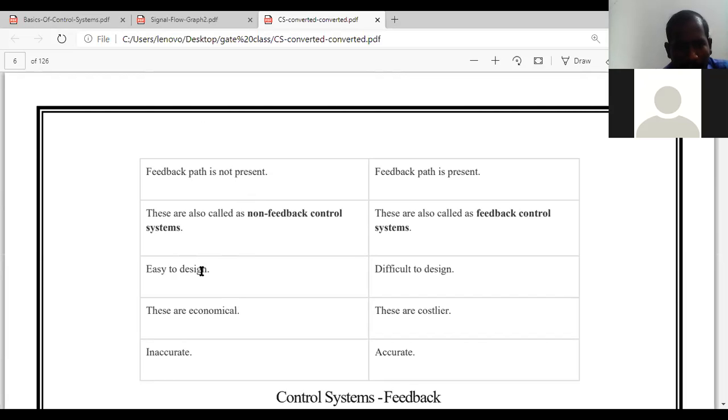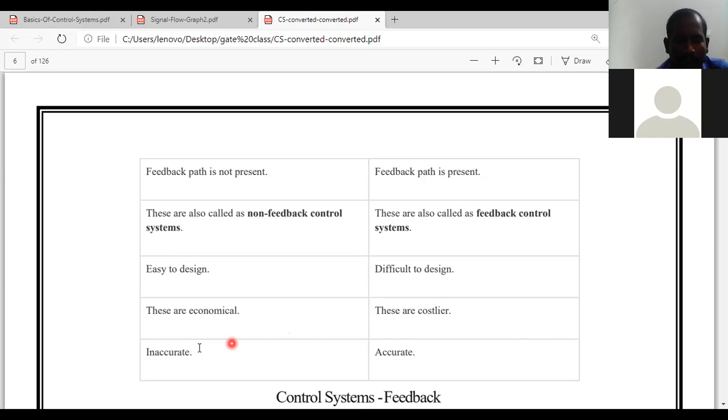Open loop is easy to design, whereas closed loop control system is difficult to design. Open loop is economical because the number of components used is small, whereas in closed loop we use more elements, so it's costly.